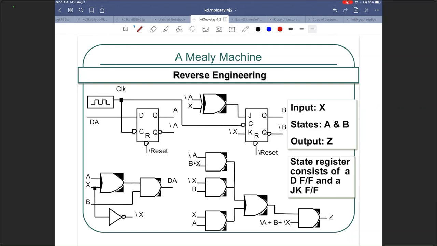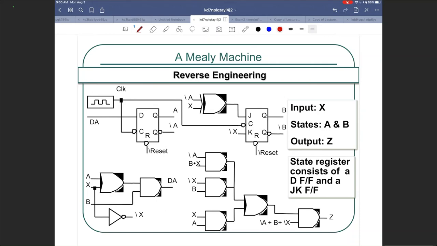So starting from a circuit diagram, being able to use the logic equations for the combinational logic components like mux or decoder, and the characteristic equations of the flip-flops. For example, for a JK flip-flop, we used J Q bar plus K bar Q. For a D flip-flop, you would just simply say Q plus equals D, right?